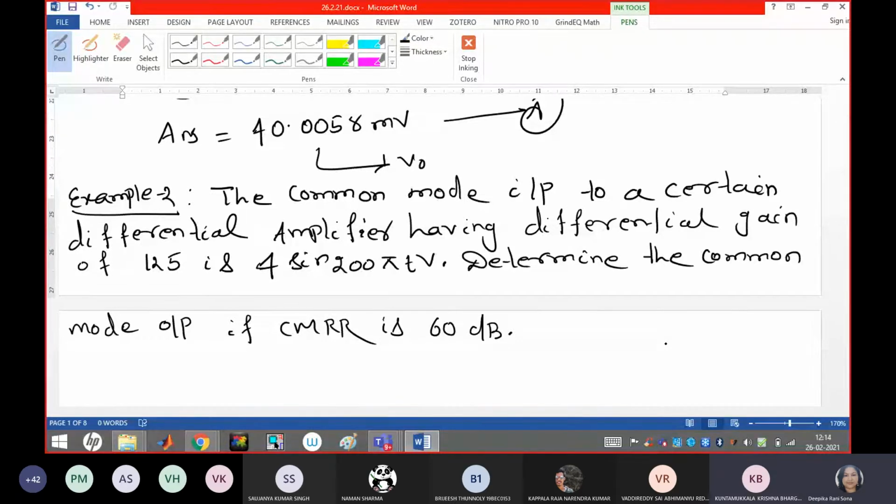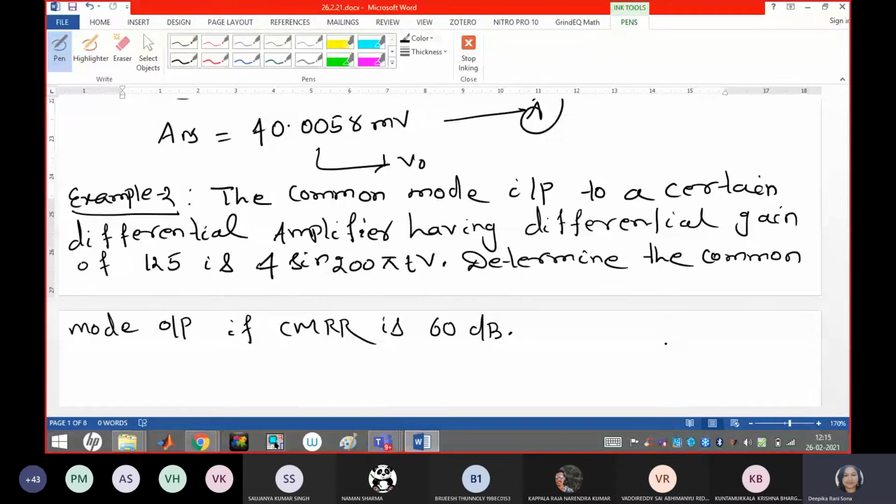VC only, not AC by VC. One data has been given, 4 sin 200 pi t. So how do you represent your voltage? A sin omega t, like that. A is given, right? So VC only you have to find out.